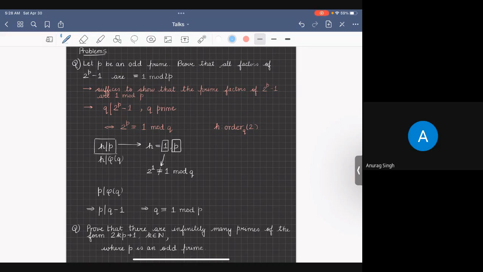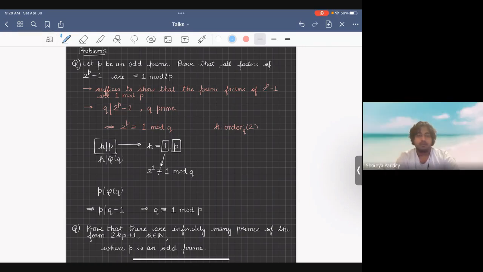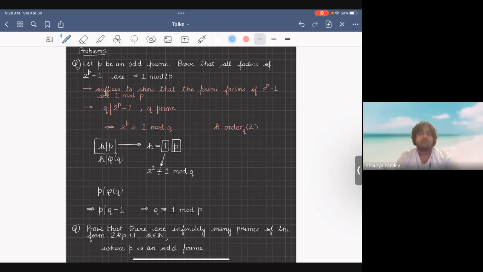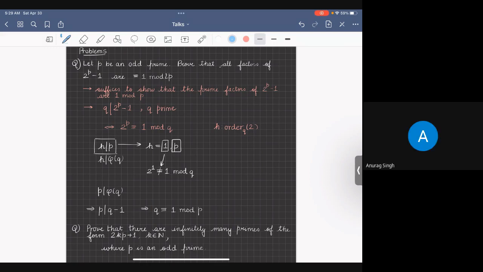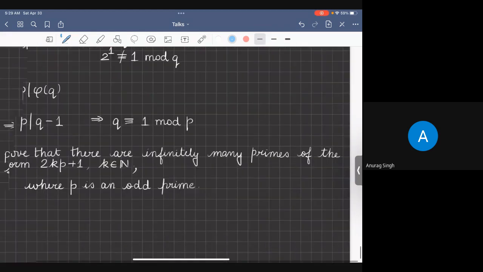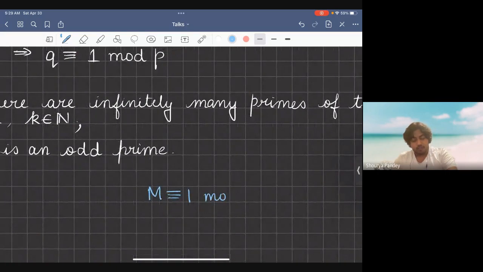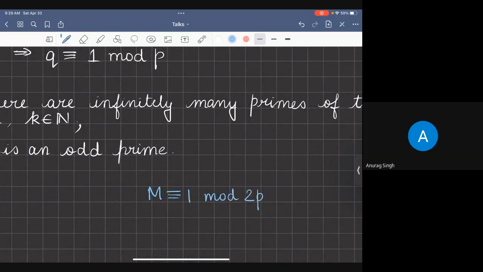We denoted this product of primes as some large m, and this m is congruent to 1 mod 2p.